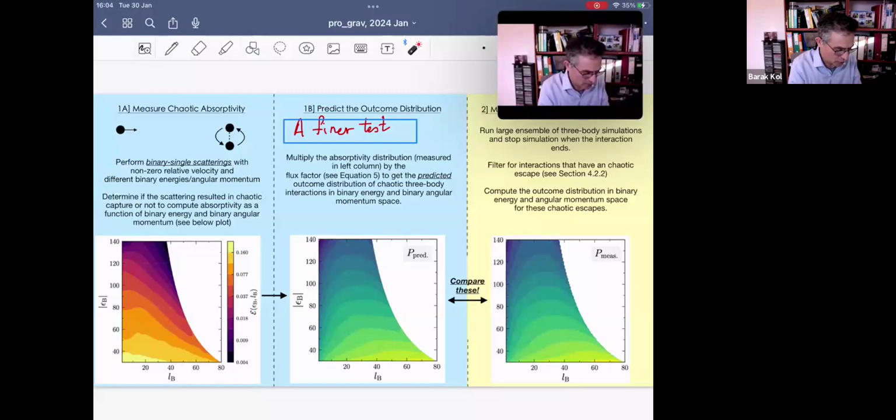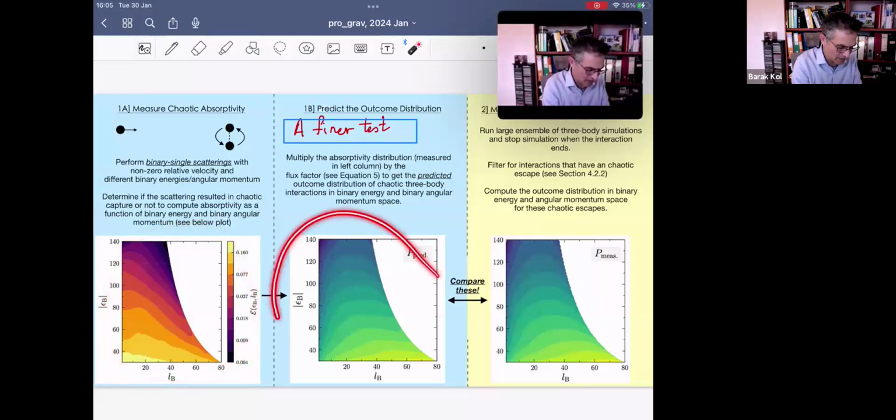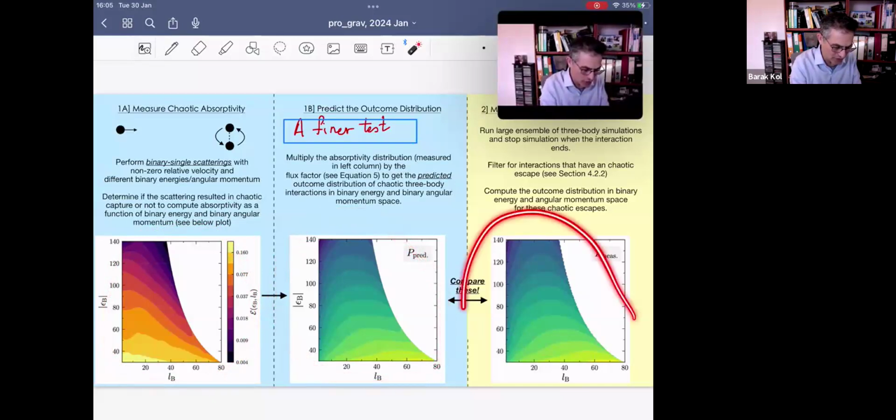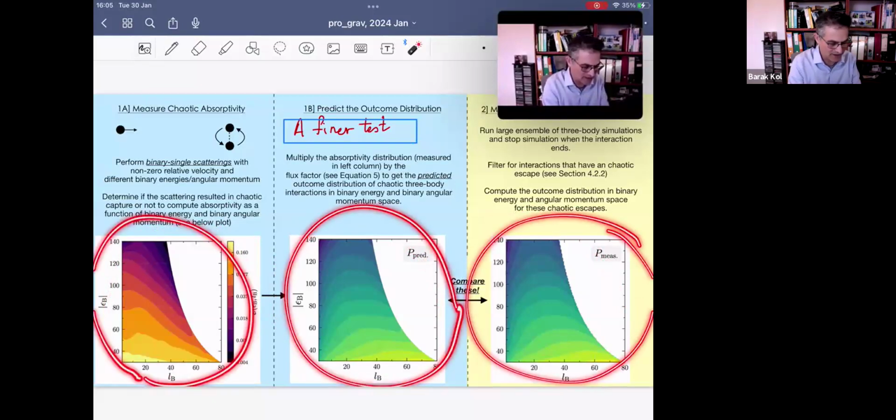computation, reduced computation. So here we measure the emissivity, we multiply it by the flux factor, and that gives us a predicted distribution. And then we measure the distribution. And you compare these two. This is measured. This is what the theory predicts, given that you measured something else, the emissivity.